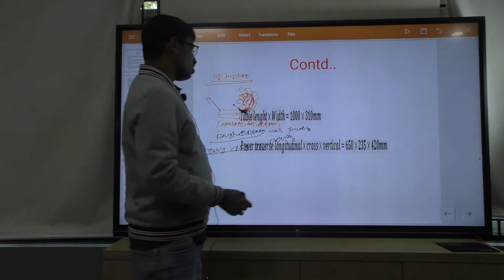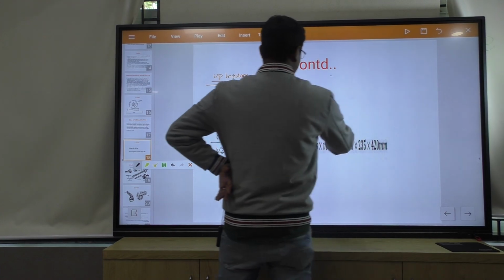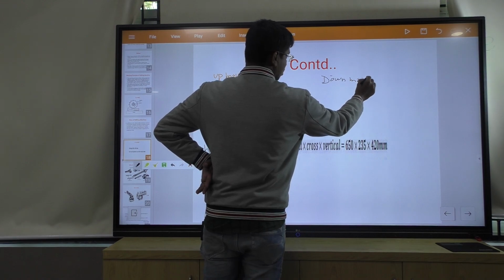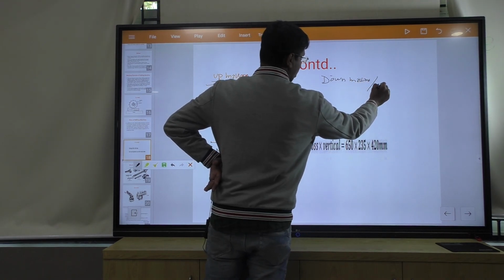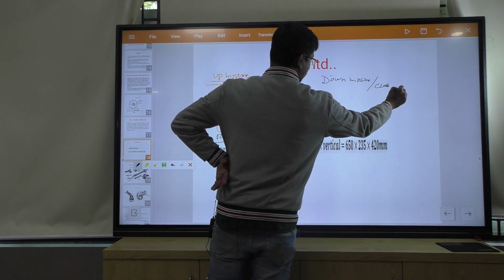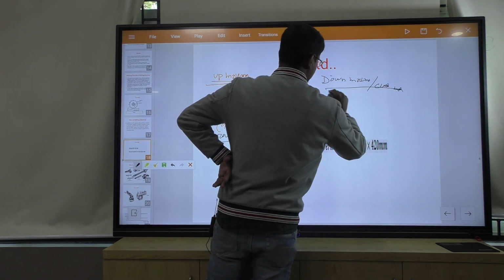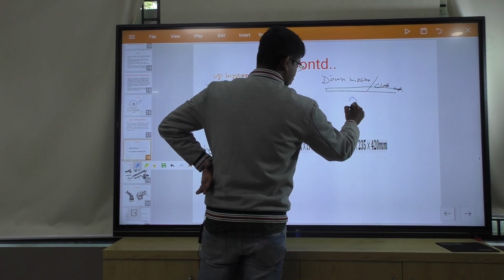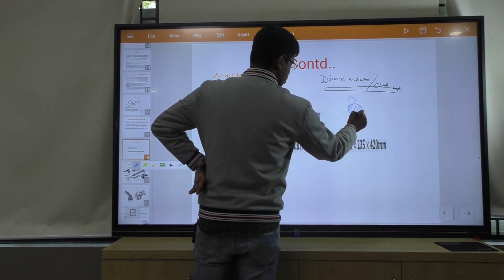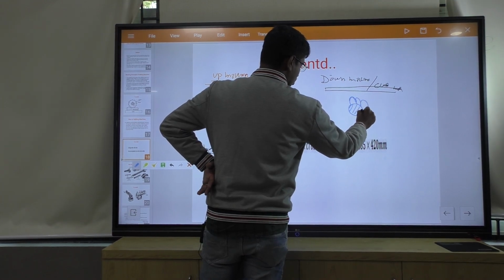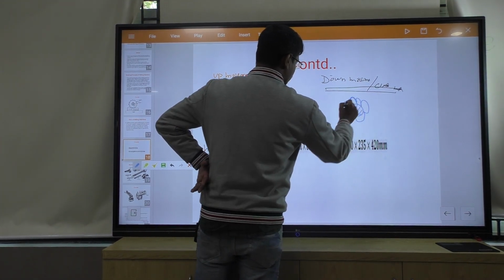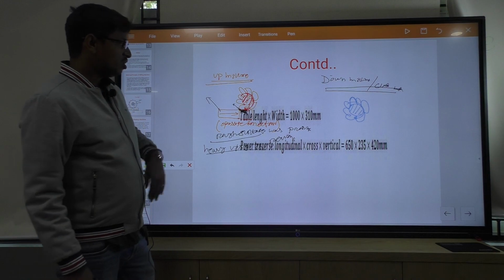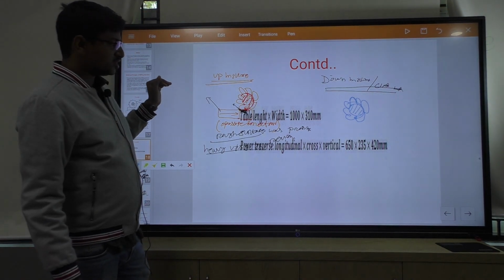But in the case of down milling or climb milling, if this is the milling cutter and we rotate it in the clockwise direction, the feeding direction of the workpiece and the cutter direction are the same.